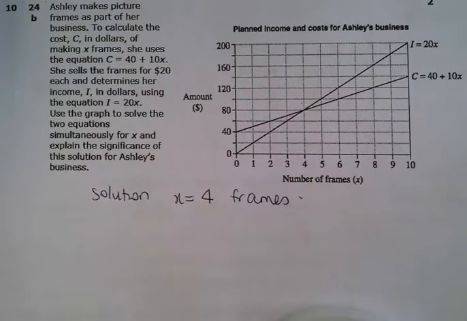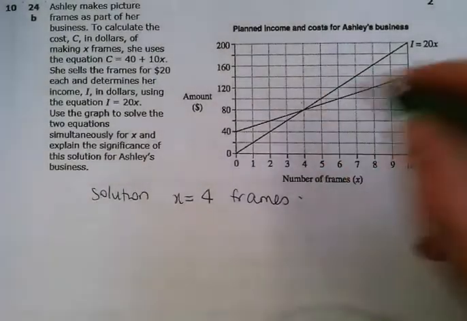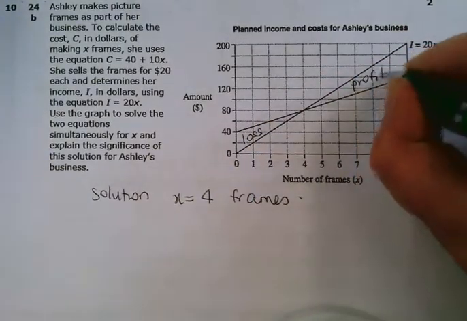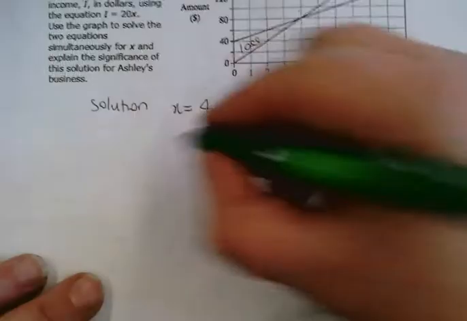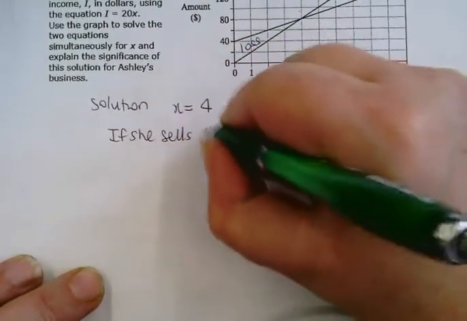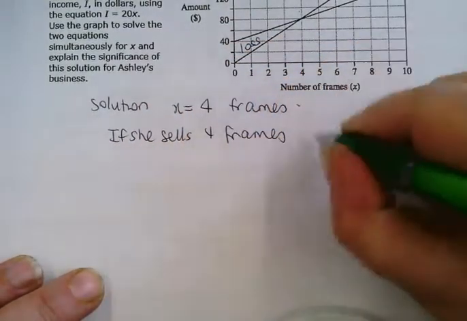And so that's one mark. And the other mark is explain the significance. What does it mean? This is your loss zone. That's your profit zone. When does she start making a profit? After she sells? If she sells 4 frames, she breaks even.